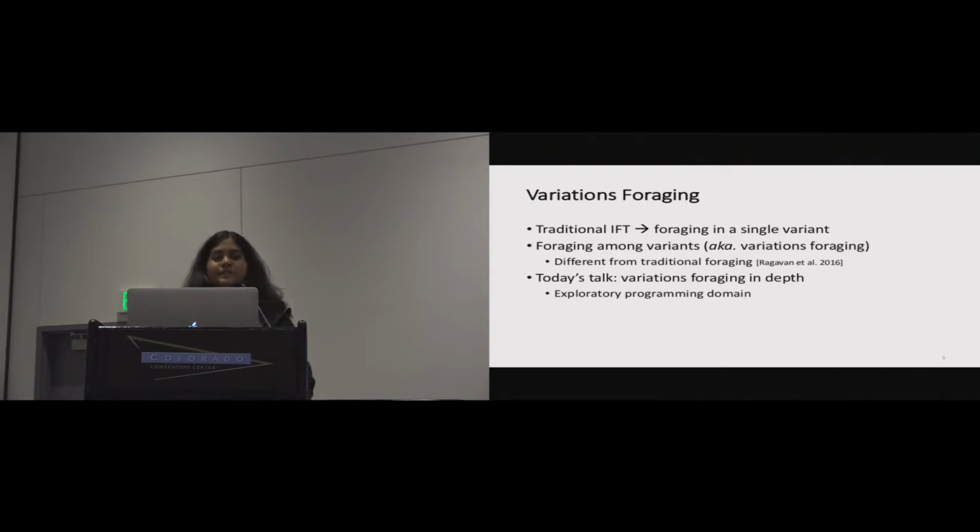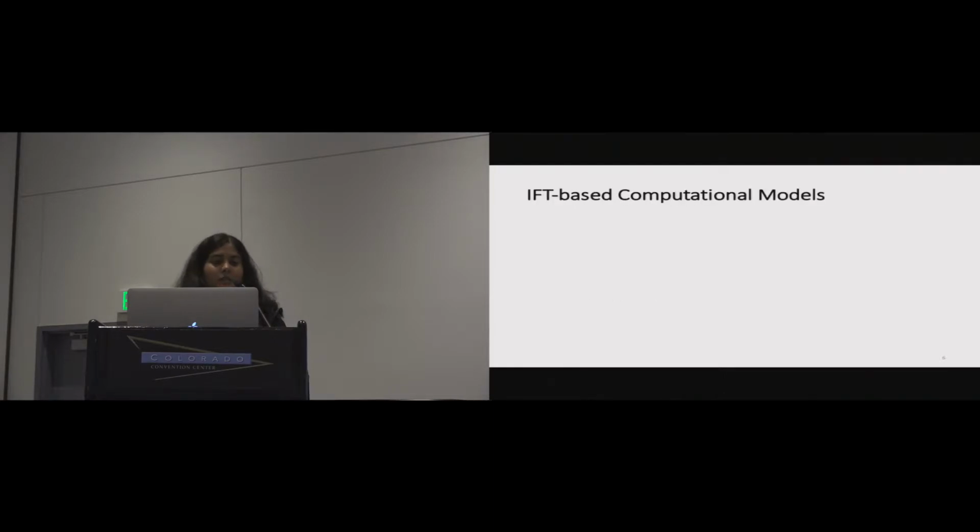So how do we use IFT in this situation? One of the things that researchers have done before is to build IFT-based computational models to help understand how people forage in any situation. So in the programming domain, there is PFIS, which is a computational model, and it stands for Programmer Flow by Information Scent.